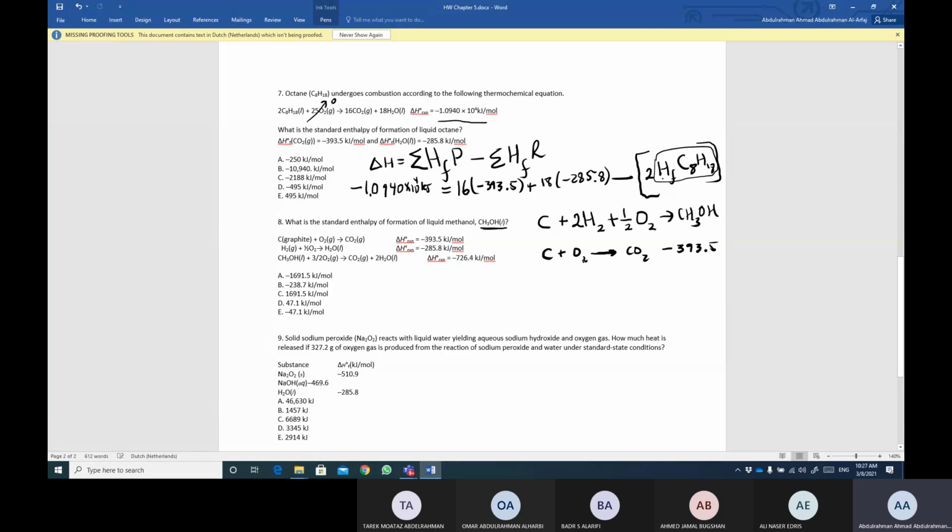Next, what should I do with the second one? Multiply by 2. 2H2 plus O2 to give you 2H2O. What will be the heat?